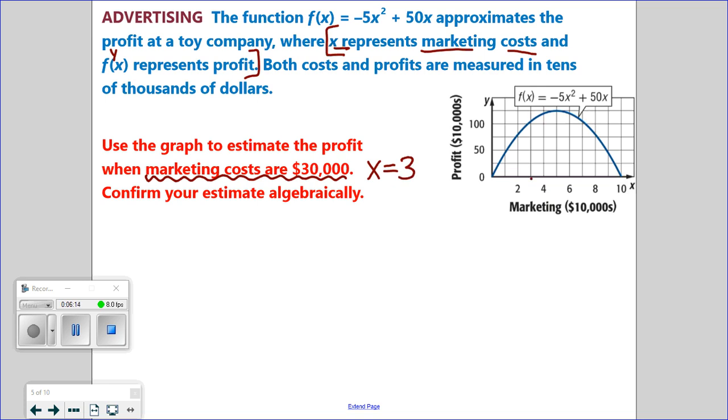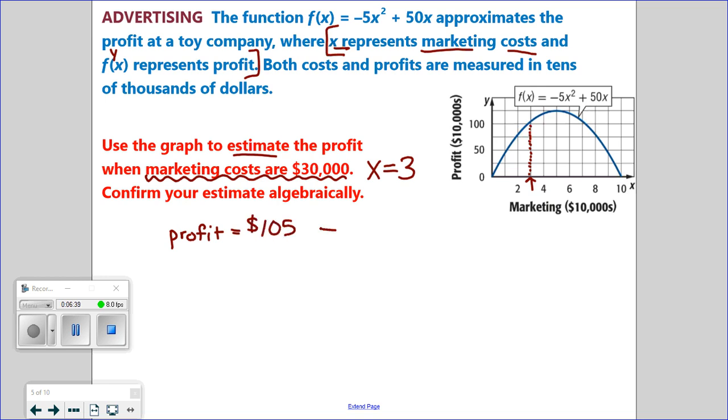So they want us to look at it when x equals 3. Well, x equals 3 is right here. So if I follow that up to when it hits my graph, now this really is going to be an estimate because I think it is slightly above 100. Would you guys agree with that? Like 100 and, what would you guess? 105. Okay. So our estimate, which is all they ask us to do, is that our profit would equal 105.